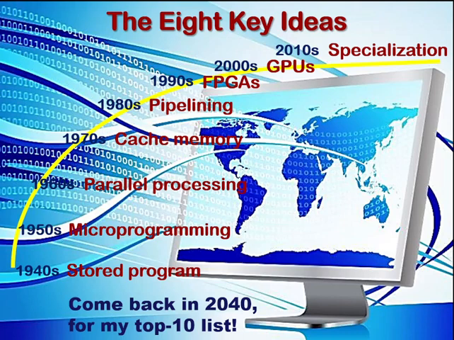And if you want to see the top 10 version of this list, you have to come back in the year 2040, 20 years from today, to see what 2 ideas I've added to this list.